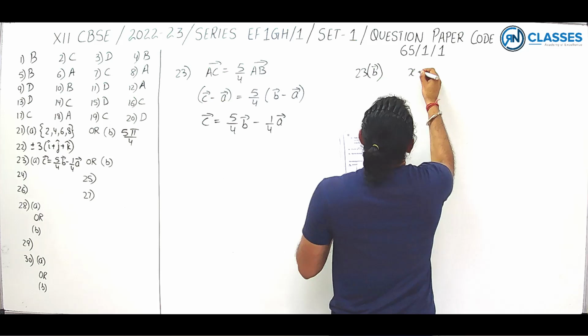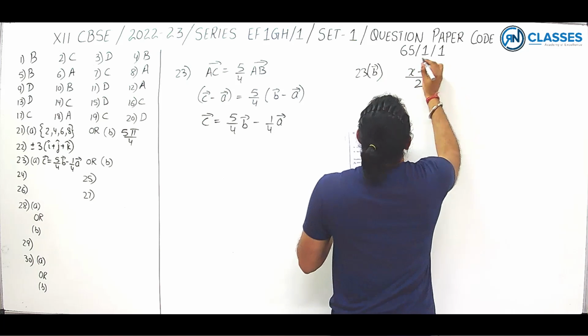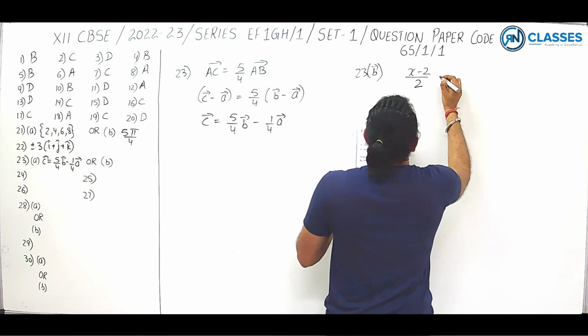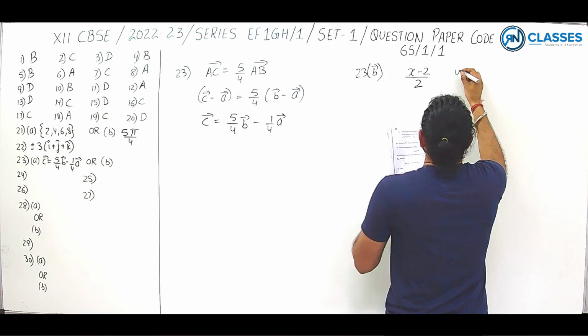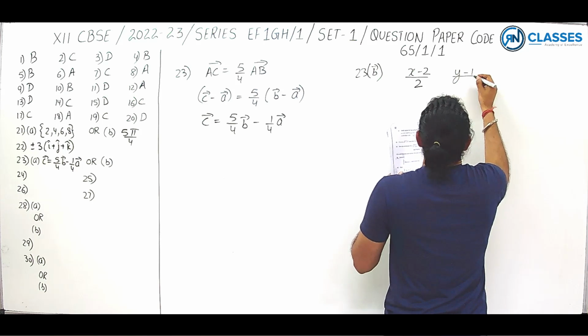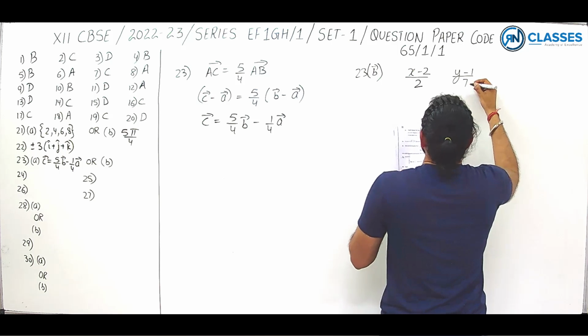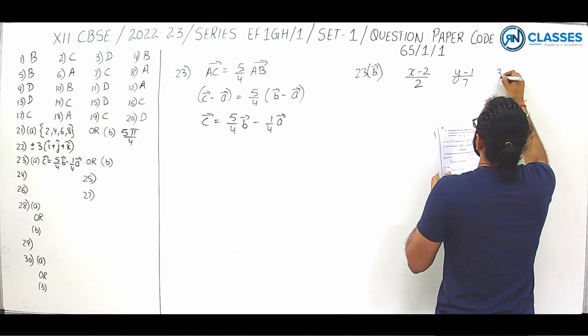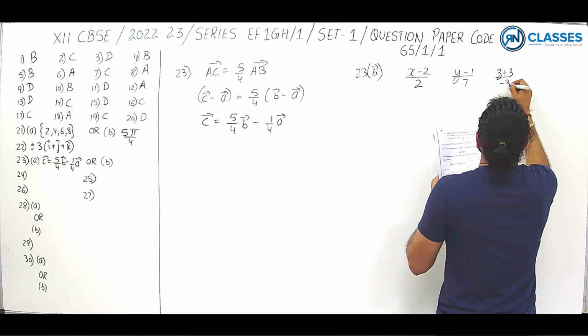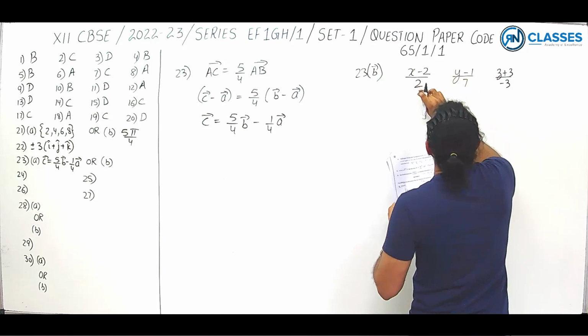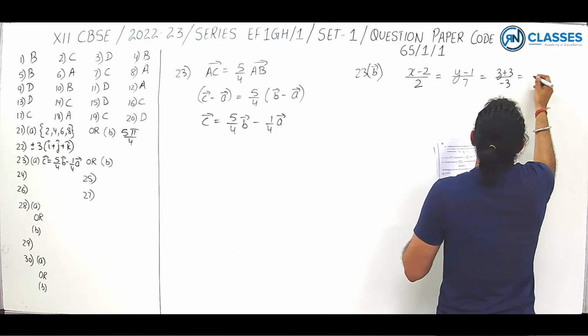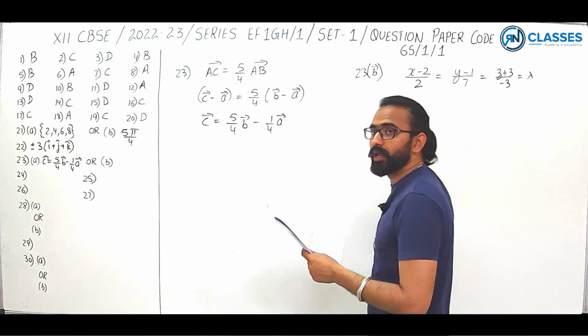it as x minus 2 by 2, and this complete expression will be equal to lambda, and similarly y can be written as y minus 1 upon 7, and similarly from the third part we can write z plus 3 by minus 3. All these three expressions are equal to lambda, that is this equals this equals this equals lambda.